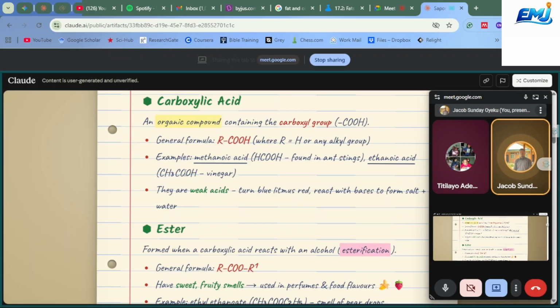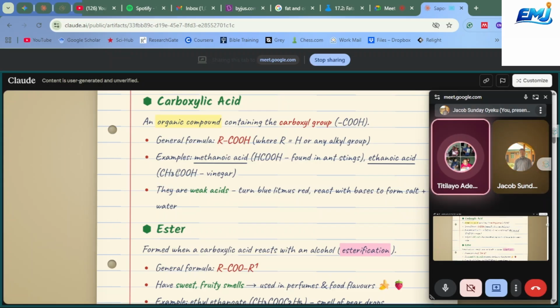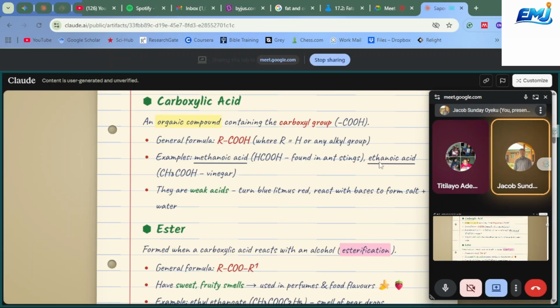So how many C do I have now? We have one, two. I have two. That becomes what? Ethanoic acid. So you see, it is the same ethane, methane, but because this is a carboxylic acid, it is referred to as ethanoic acid. That's how you call them. Do you understand?